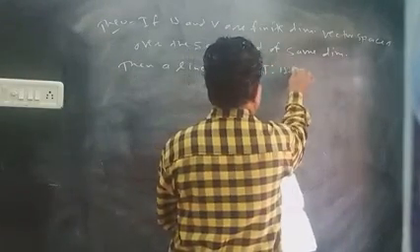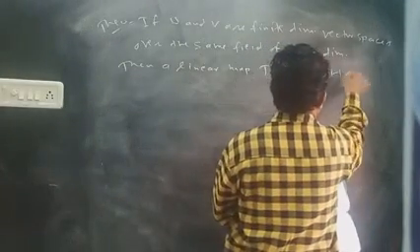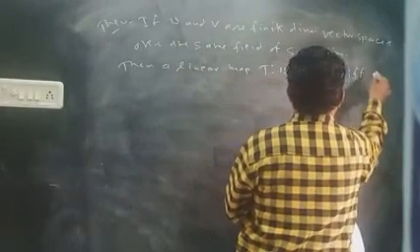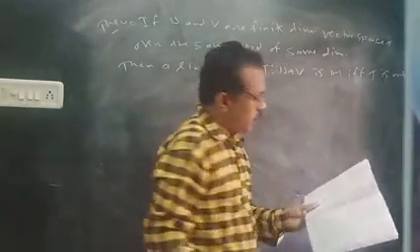Then a linear map T from U to V is 1-1 if and only if T is onto. 1-1 then onto. Simple.